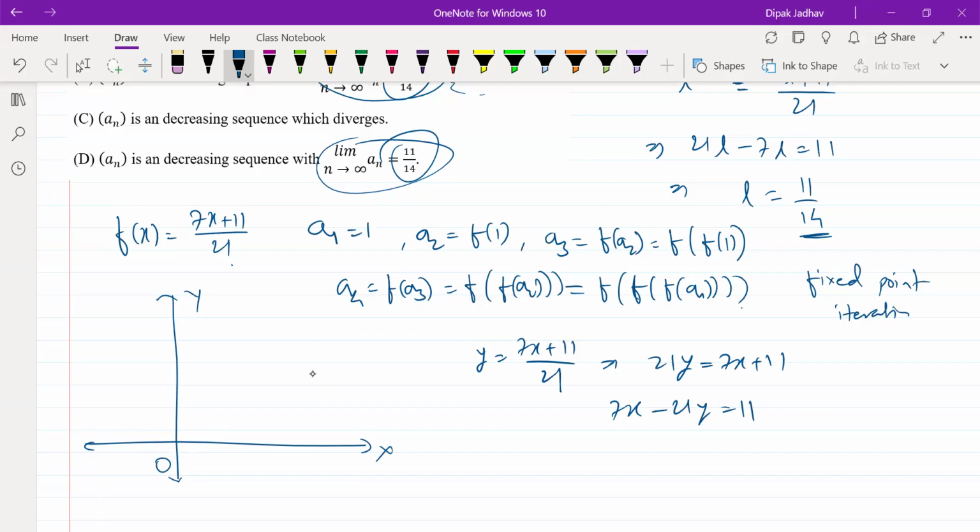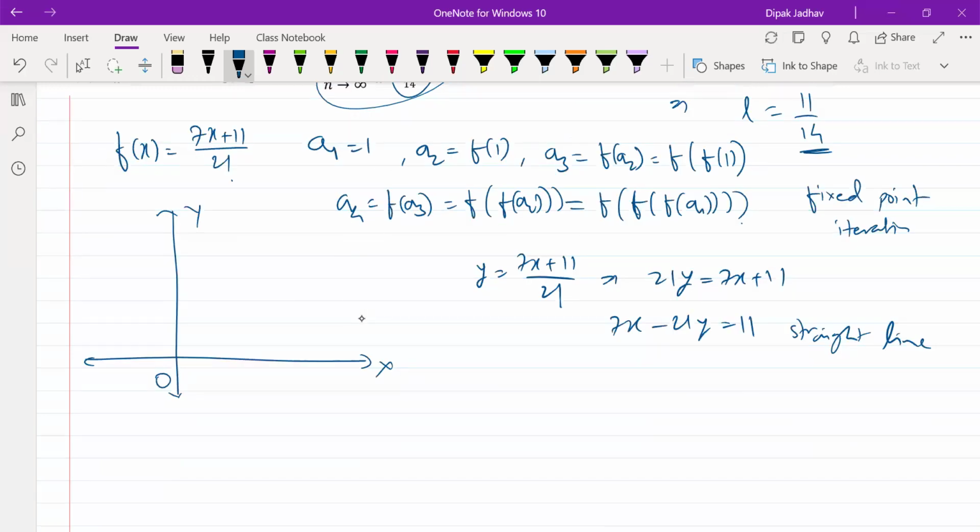This is the equation of a straight line. Can you plot it? For x equal to 0, y is 11/21, somewhere here. And if I put y equal to 0, what am I going to get for x? I'm just plotting the straight line equation.